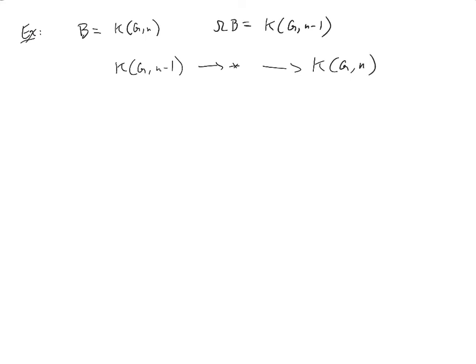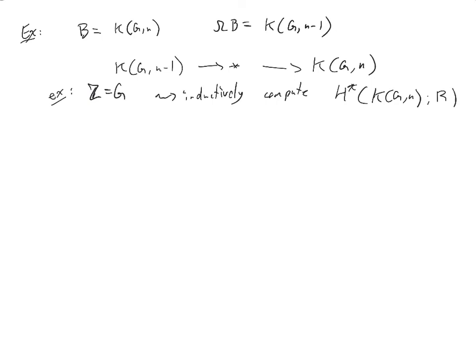And for instance, even for G equals Z, this is interesting to compute and hard. This gives you a tool to inductively compute the cohomology of Eilenberg-MacLane spaces with some coefficient ring that you care about.